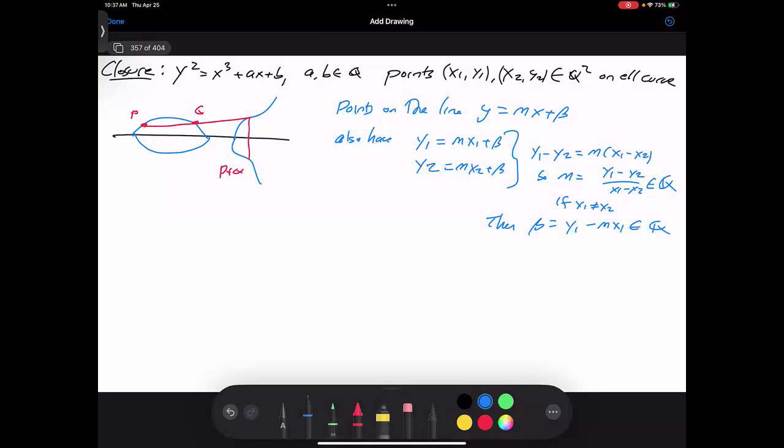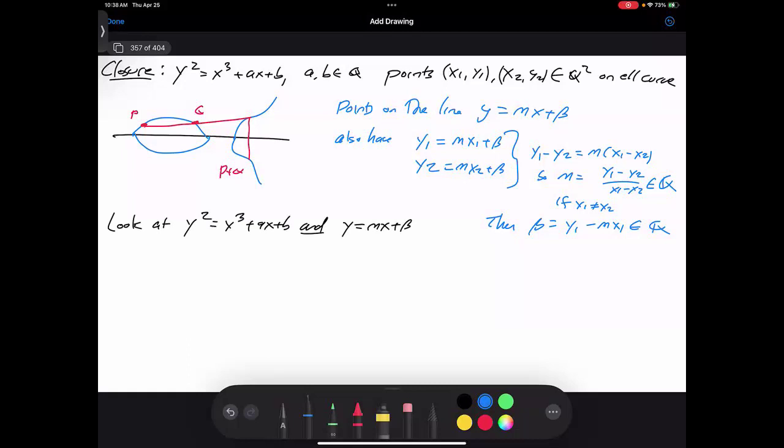So we know that the line has rational slope. So if we look at y squared is x cubed plus ax plus b and y equals mx plus beta, look for things that solve both of these simultaneously.